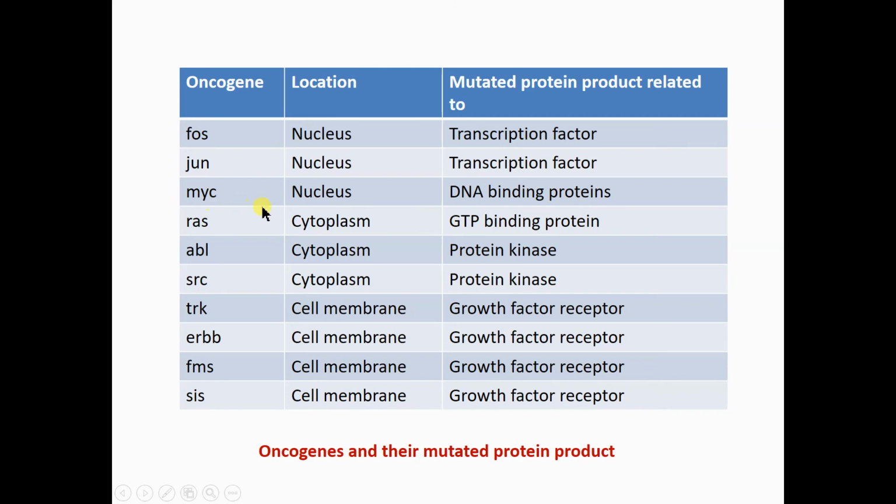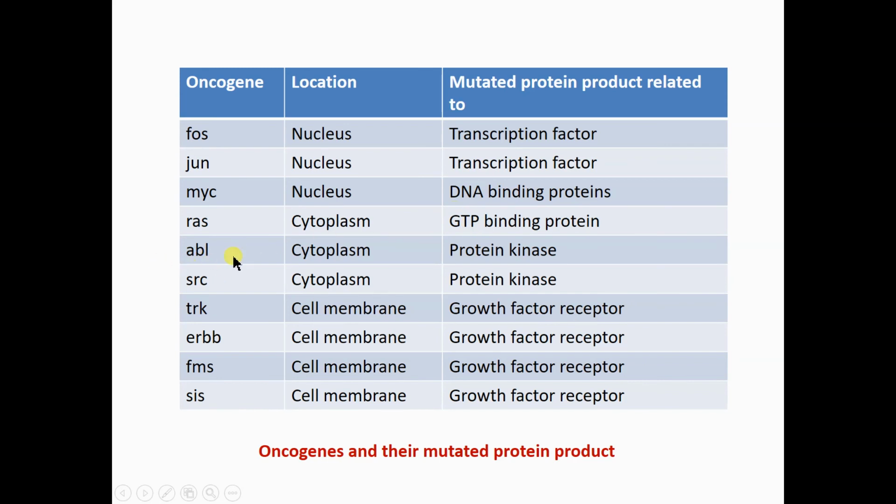Like the MYC gene, they are DNA binding proteins, so they work in the nucleus. Like that, the RAS proteins, which you might have learned about in hormone action. RAS action is normally required as a GTP binding protein, and it inhibits the activity of the alpha factors of the G protein.